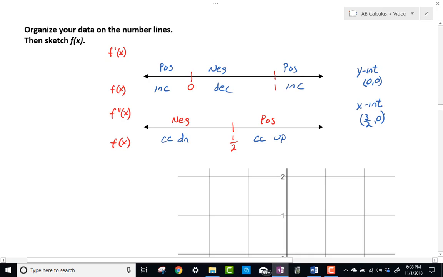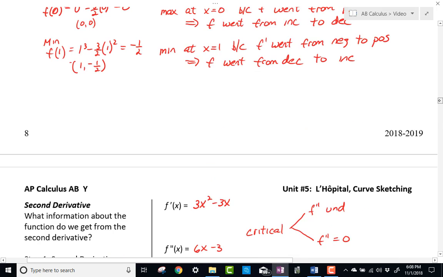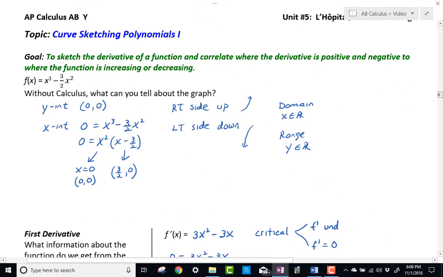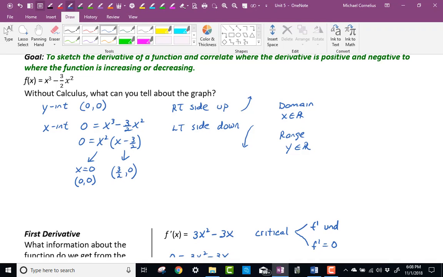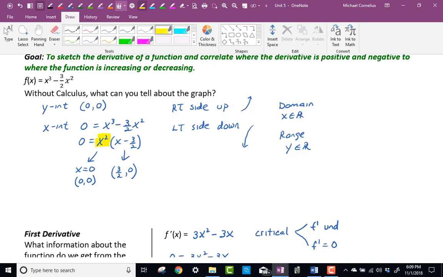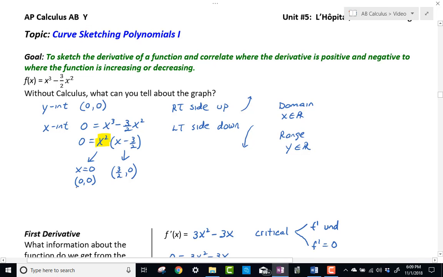Okay. And I didn't mention it at the time, but I should probably mention it now. Notice my x squared here. When I set it equal to 0, that represents a double root of 0, which implies that this x-intercept is going to be a bounce on the graph of f of x.